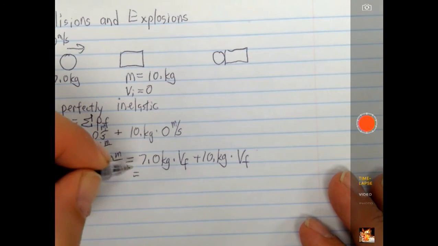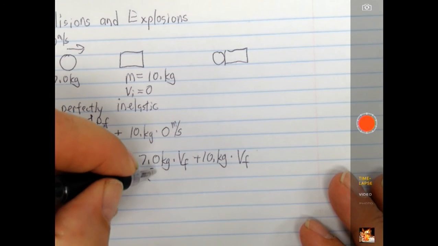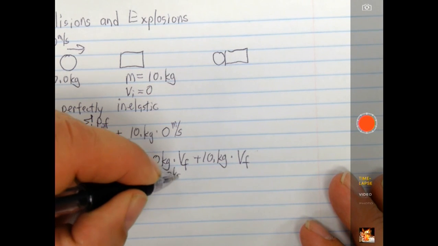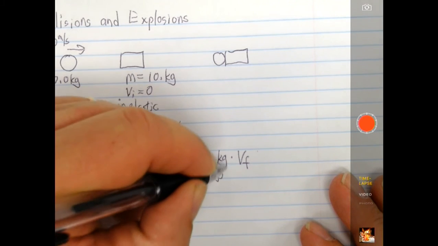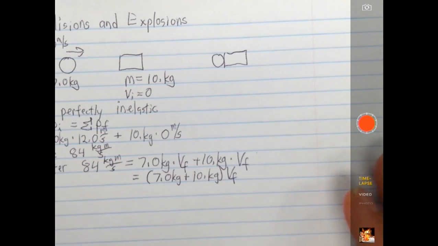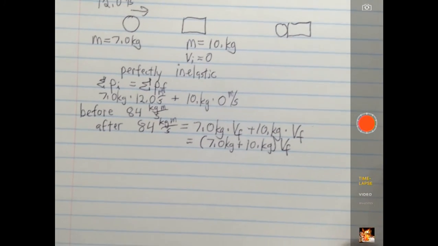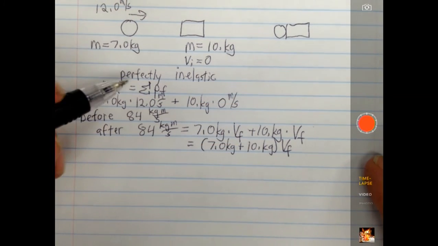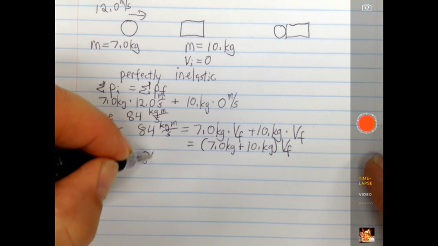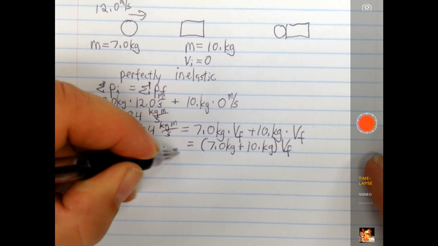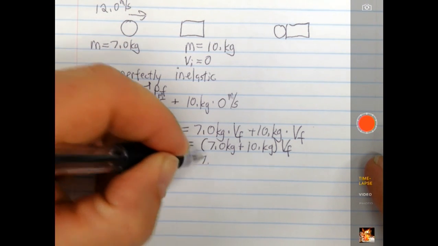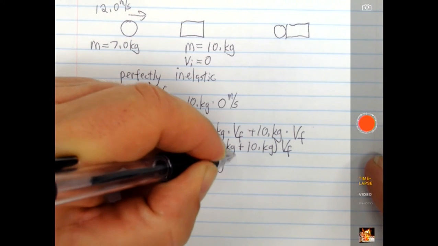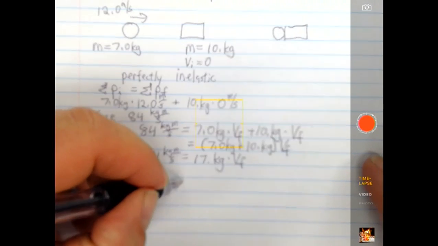I can use the distributive property and say, all right, add together the two masses because they are stuck together. They're both times the same final speed. Therefore, I can say 84 kilogram meters per second is equal to 17 kilograms times the unknown final speed.